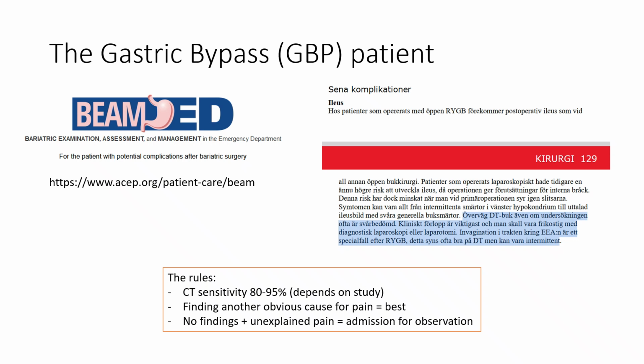In general, for the abdominal pain patient, if you do not find another cause of their pain and they had gastric bypass surgery before, then you have to rule out internal herniation, and ruling out internal herniation is hard, or is impossible with a CT scan. The studies differ on the sensitivity, but it's really, really hard. And usually you'll just have to admit them for observation, even if the CT scan is negative. So you just admit them unless you have a high likelihood for this to be internal herniation, but you cannot rule it out even with the CT scan. So the best way is just to find another cause for the pain.